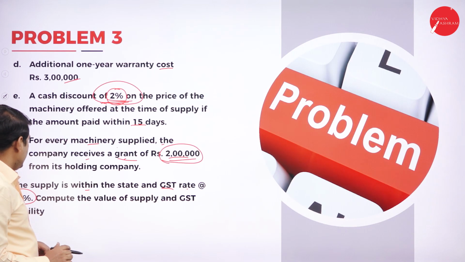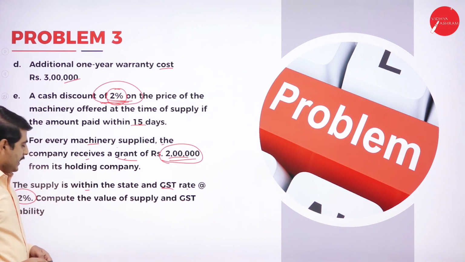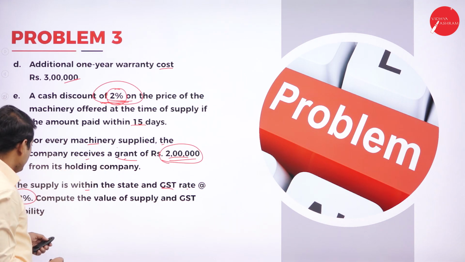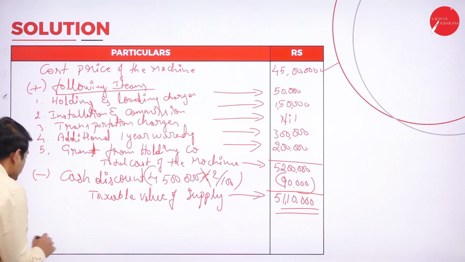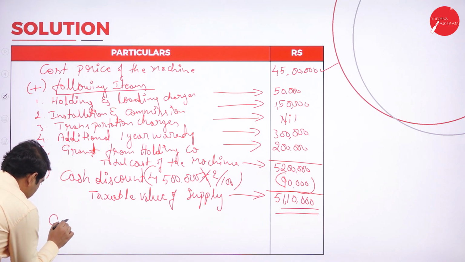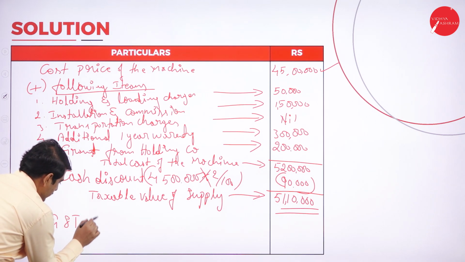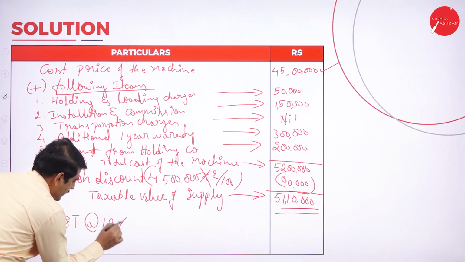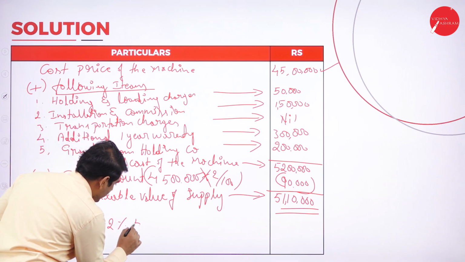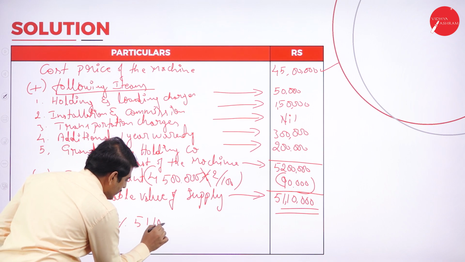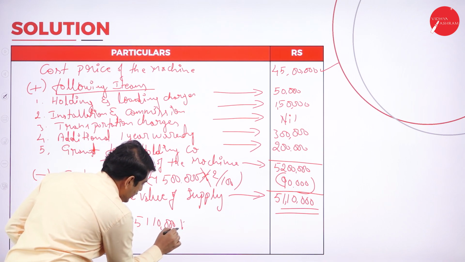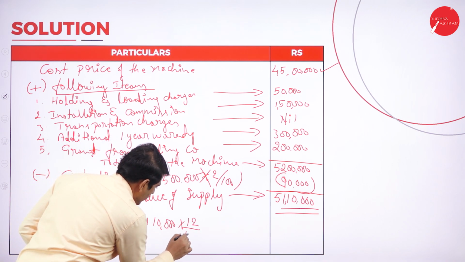What is the rate of GST? It is 12% of the actual value or total value. So GST at 12%, then 51 lakh 10,000 into 12 by 100.